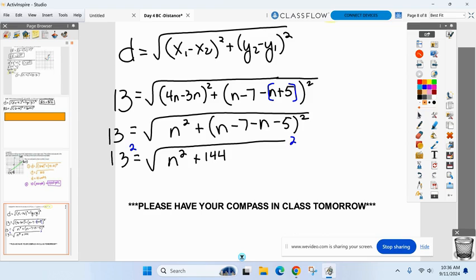13 squared, 169, right? And what happens here? Oh, just the radical drops, right? Nothing else happens. You're just canceling out the square root. You get n squared plus 144. Welcome to the honors level.